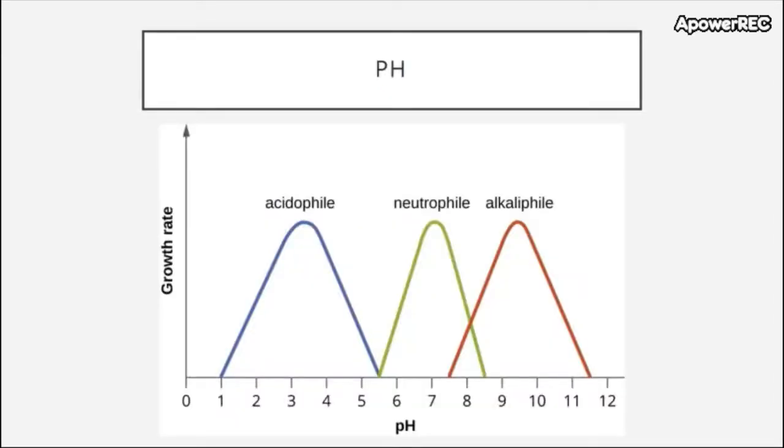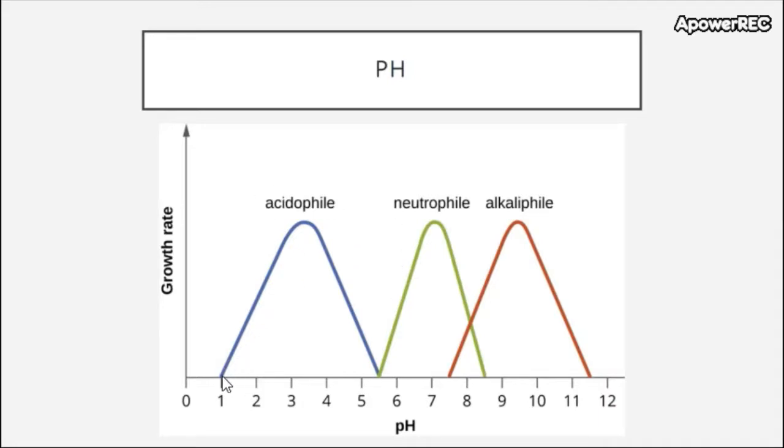Here's a graph that shows pH on the x-axis and growth rate on the y-axis. And like temperature, we can categorize microbes based upon what sort of ranges they can grow in. We have three main ranges, or three main groups, to worry about with pH. And that is the acidophile.